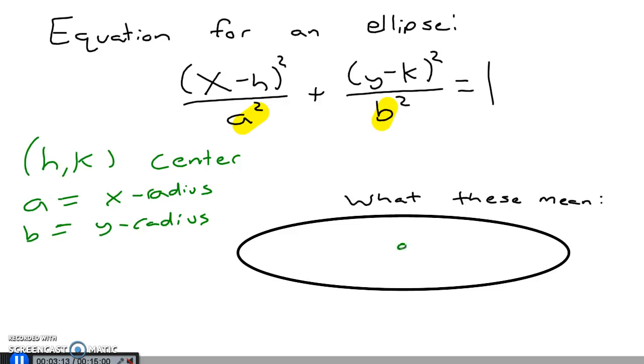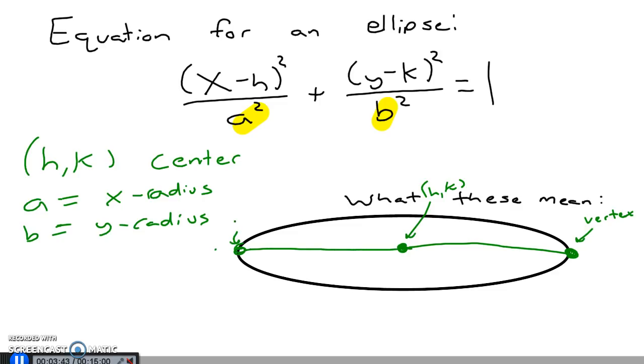Now what these mean is that we have a center, that would be where the (h, k) is. The x radius is the distance from the center out to the farthest point, which is called a vertex. And over here is our second vertex.